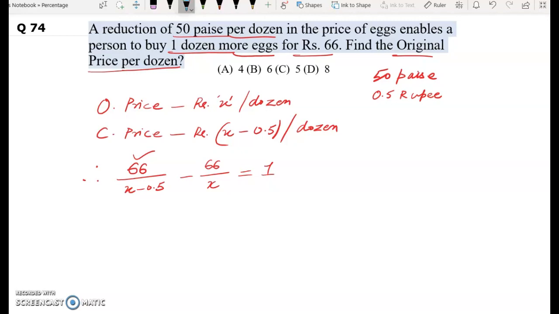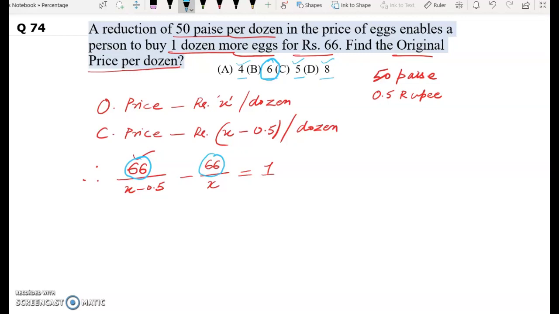Now our numerator is 66. So we need to choose an option which will divide 66. Now if we look at the options, we have 4, 6, 5 and 8. Now 4, 5 and 8 will not divide 66 completely, the answer will come in decimals. So my first option to check will be 6, because 6 completely divides 66.